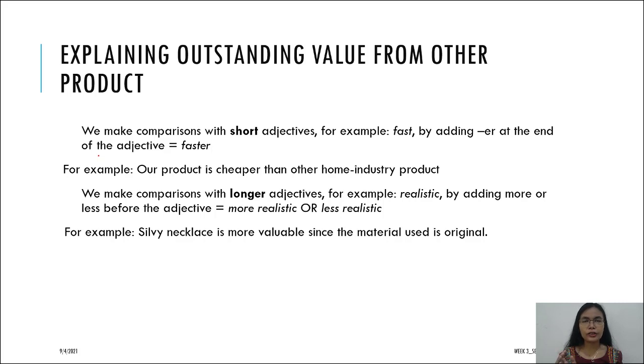Of course, you can also say it with the superlative degree when you think it's the best of all the other products. But for the purpose of this grammar discussion, we are focusing only on the comparative degree.